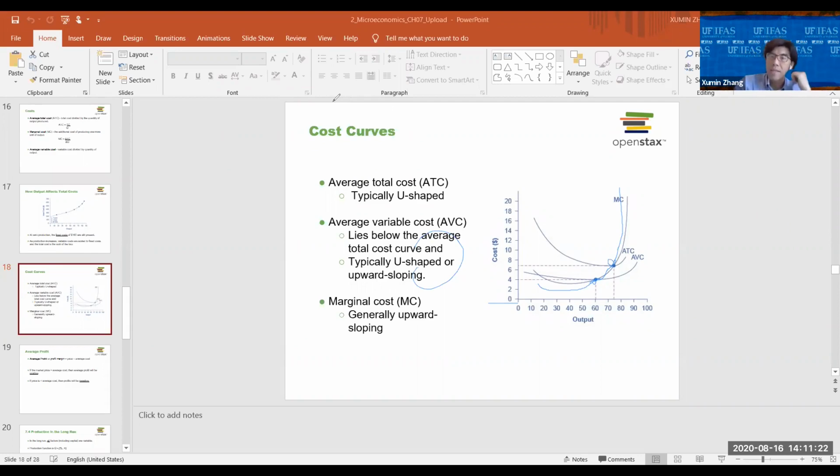So that's why I say these intersection points are definitely the lowest of both average cost curves. Both average cost curves are U-shaped, but the marginal cost is more like an upward sloping curve. Don't argue with me, because if we use a mathematical approach, this can be proved.